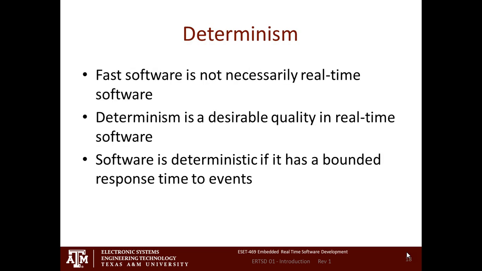So I talked about this a little bit before. Fast software is not deterministic, okay? And it's not necessarily real-time just because it's fast. A lot of times you have engineers who should know better say, hey, we probably need an RTOS because that's got to be really fast. Well, it turns out that's actually a dumb statement. If it's got to be really fast, maybe what you need is a faster CPU.